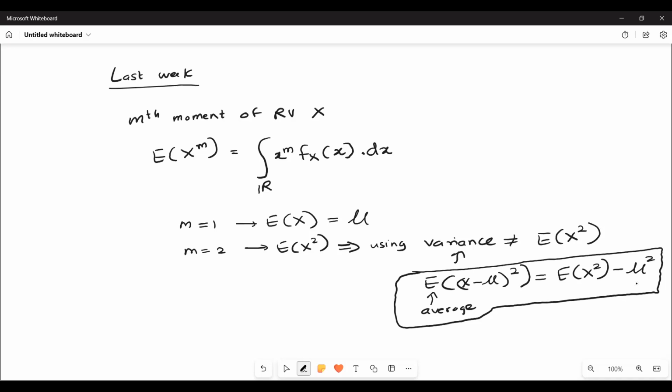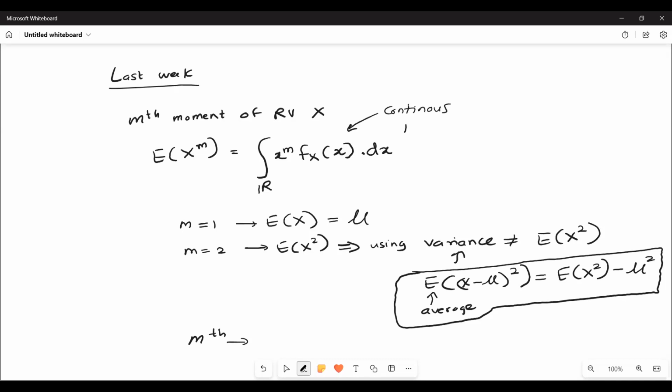So likewise, up to the mth moment, we can define the integration, and that is basically regarding the moments of a random variable x. We need to know that this is for a continuous random variable.